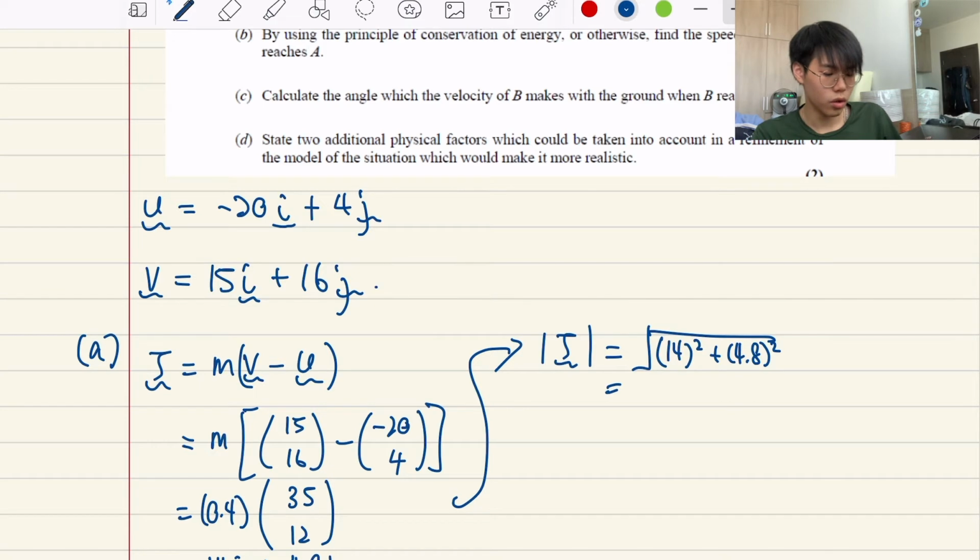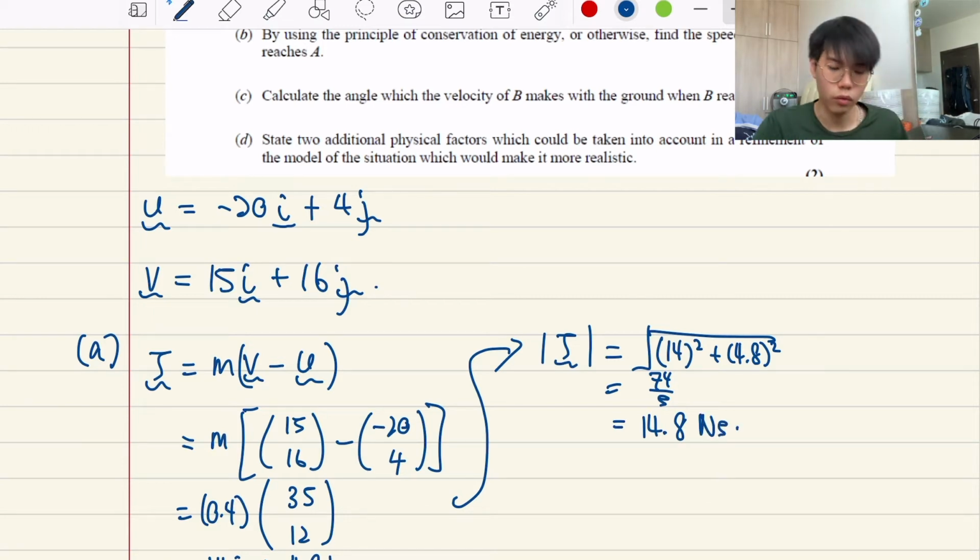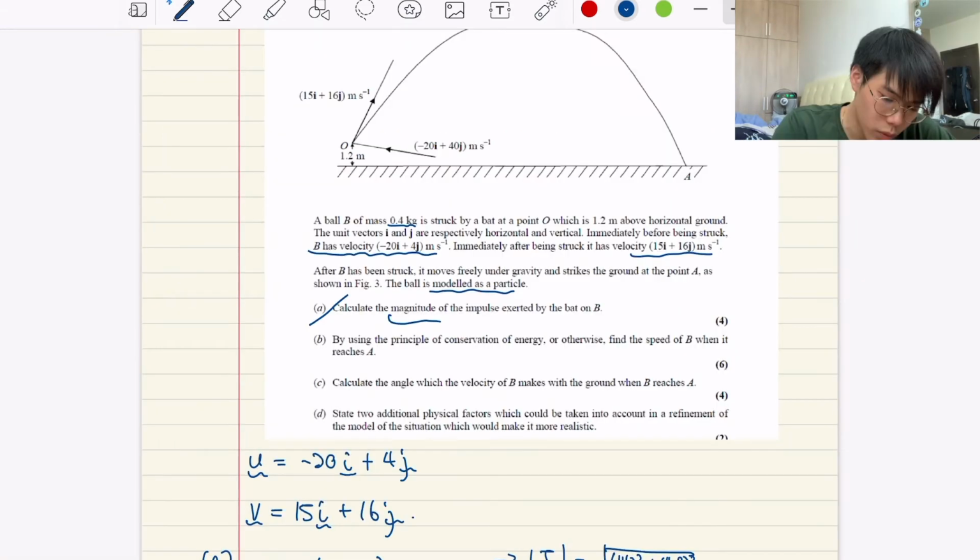So 14 squared plus 4.8 squared, square root, we get 74 over 5, which is 14.8 newton second, to 3 significant figures.